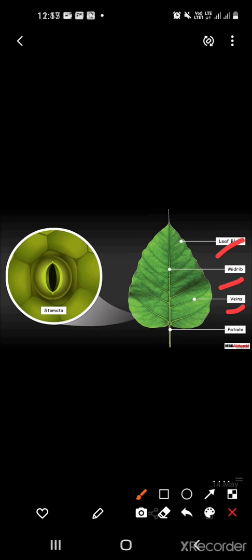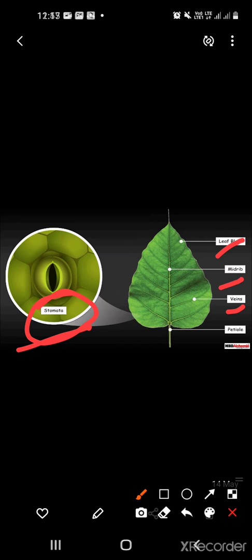If you see a section of a leaf under a microscope, you will see that a leaf is made up of small sections called cells, and these cells contain chlorophyll, which makes the leaf green. On the underside of the leaf there are small openings, and these are known as stomata.